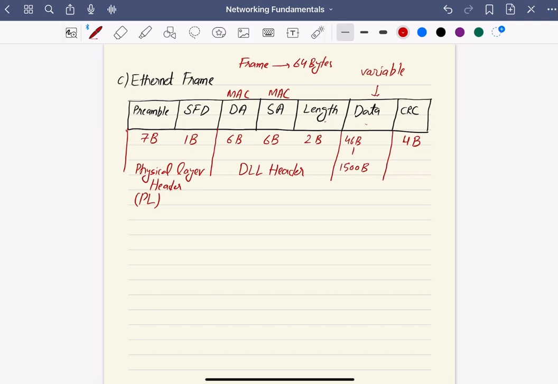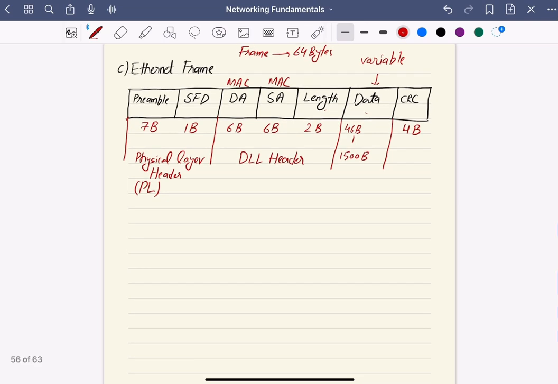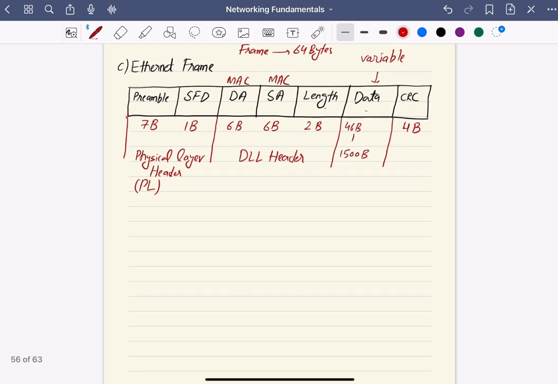We will calculate all these fields, but first we need to understand them. What are the roles of the preamble, SFD, and the other fields? Let's start with the preamble and SFD. SFD is the start frame delimiter.